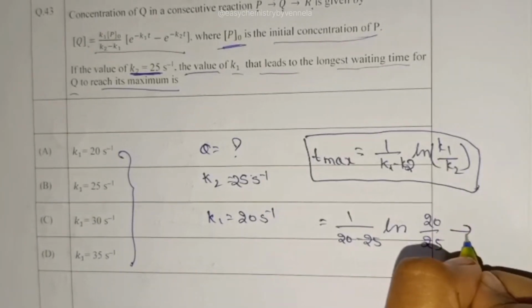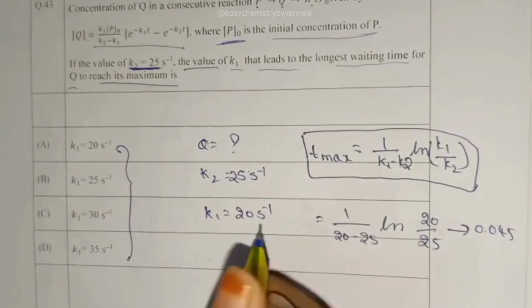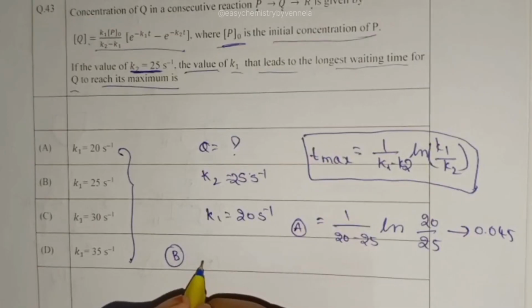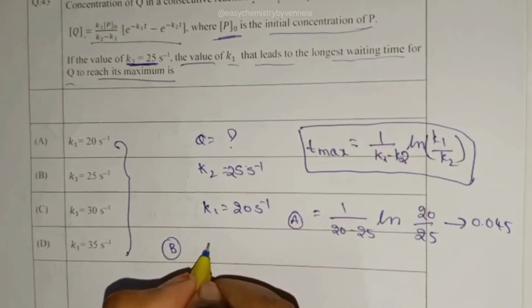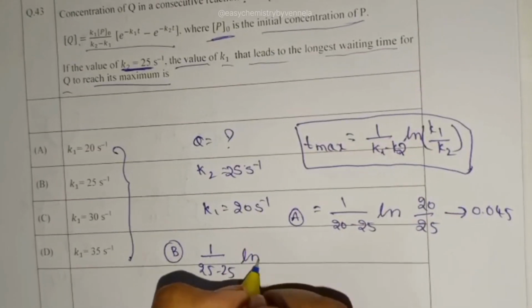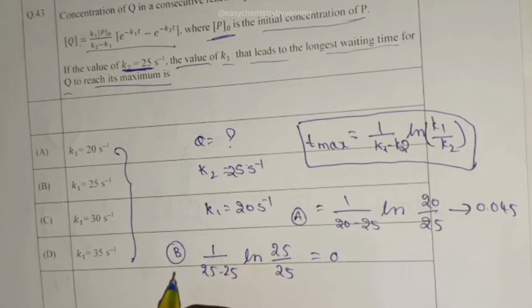So the approximate value is 0.045. So this is the first one. Next here K1 is taken as 25. So 1 by 25 minus 25 ln 25 by 25 is equal to 0.